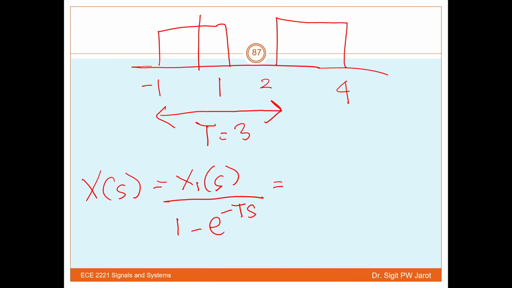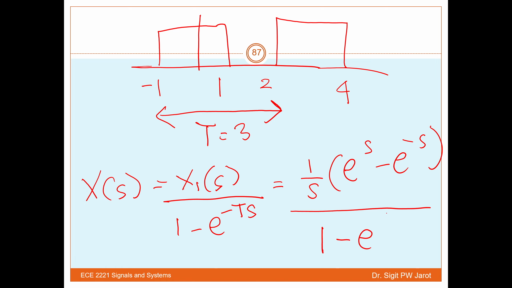We just use this one, 1 over s times (e to the s minus e to the minus s), divided by 1 minus e to the minus 3s. The function of time is 3s. So this is the solution of this periodic signal, time t, and this is in s.